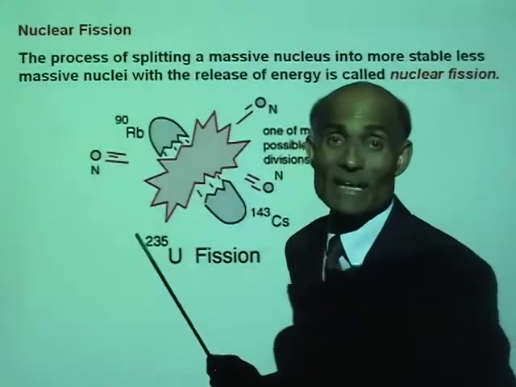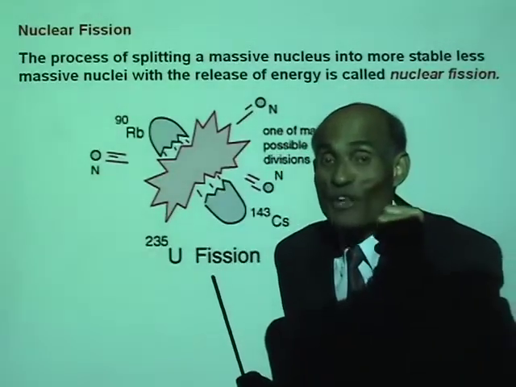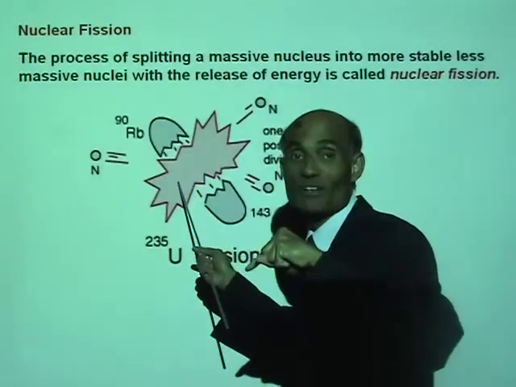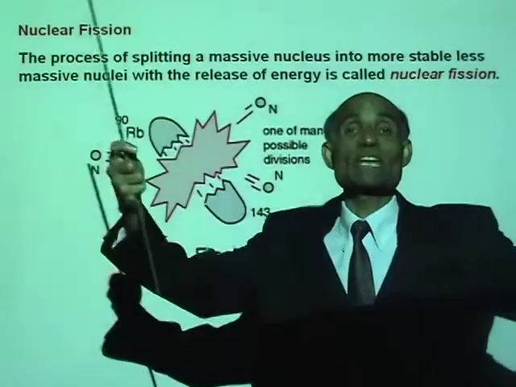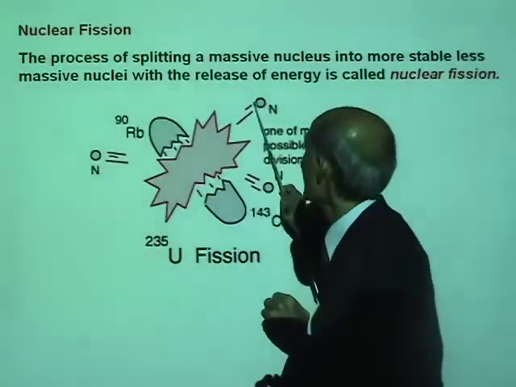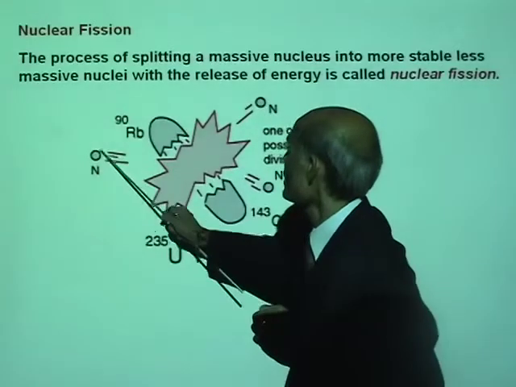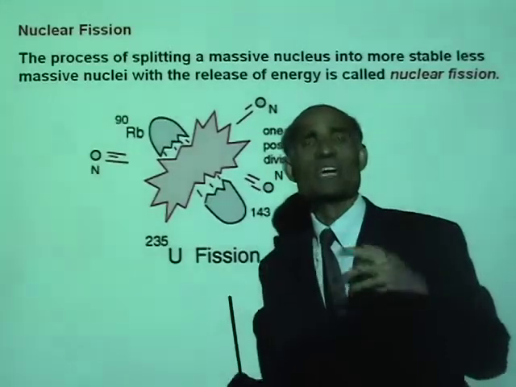You see? The important thing is, it is a neutron that causes the fission, and the fission itself will release free neutrons on average. You can see here, this is a free neutron, this is a free neutron, and this is a free neutron.